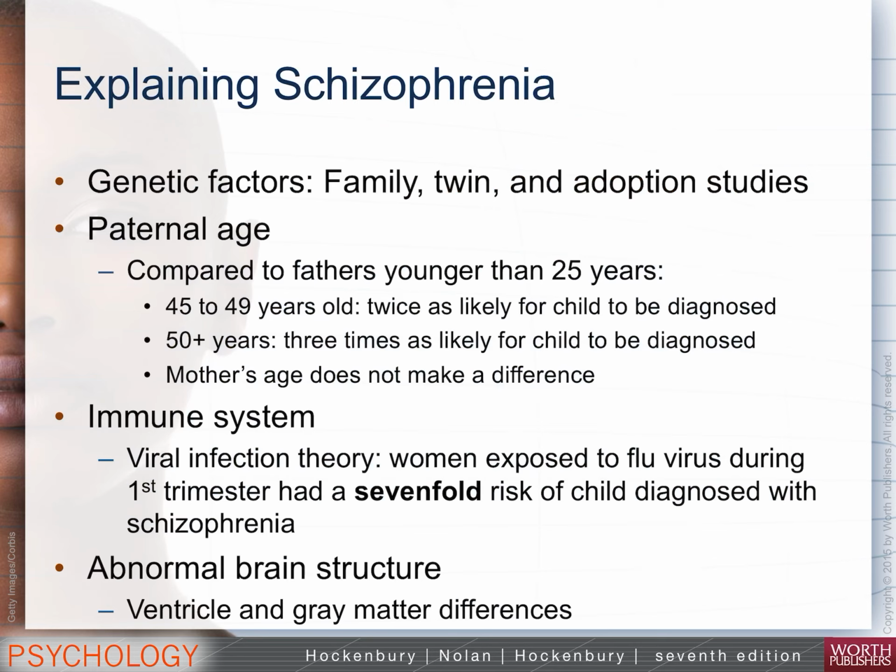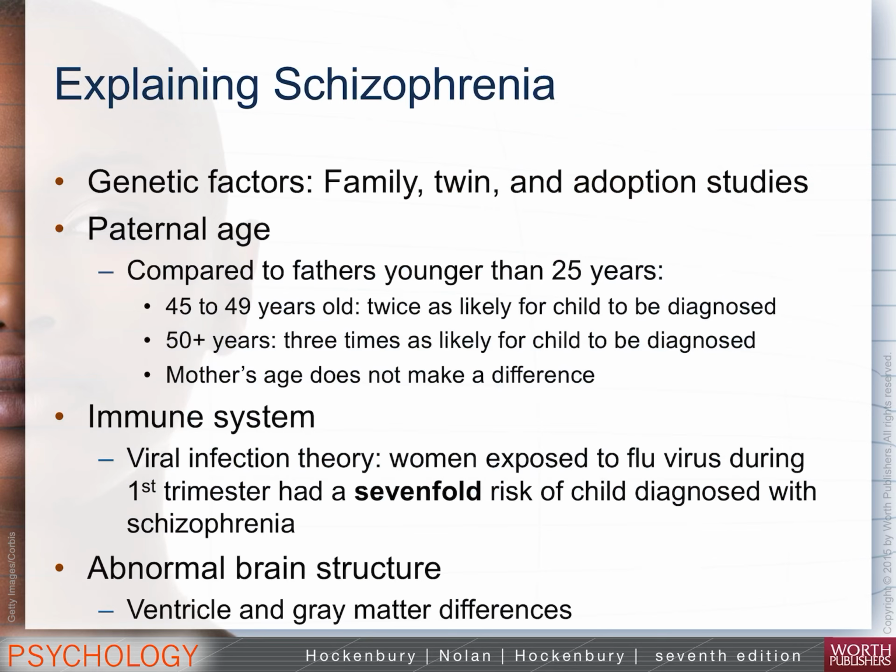And it turns out that schizophrenia occurs more often in those who are born in the winter and spring months. This is where upper respiratory infections tend to be more common. And so the idea is that there's some virus, maybe the flu virus, that if the mother contracts, the fetus may be impacted by that.